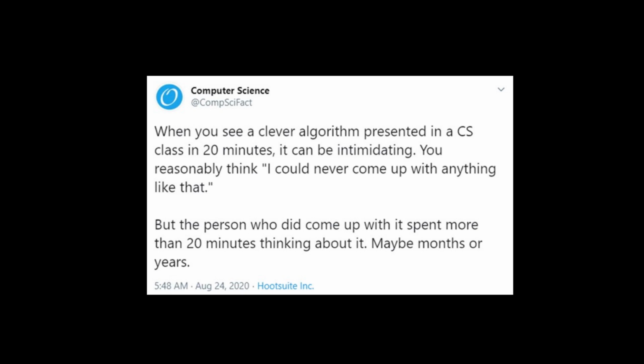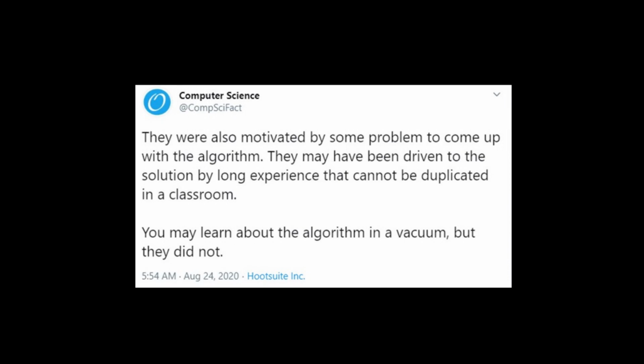You reasonably think, I could never come up with anything like that. But the person who did come up with it spent more than 20 minutes thinking about it, maybe months or years. They were motivated by some problem to come up with the algorithm. They may have been driven to the solution by long experience that cannot be duplicated in a classroom. You may learn about the algorithm in a class, but they did not.